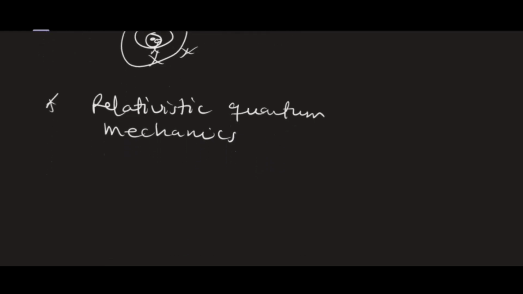So you can see this is a hybrid branch of mechanics, which is a unification of special relativity and quantum mechanics. So if you want to combine special relativity and quantum mechanics, that is where we get this new field of mechanics. So we have to unify special relativity and quantum mechanics to get relativistic quantum mechanics.